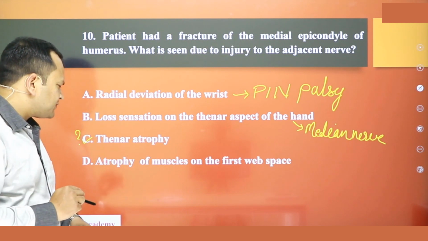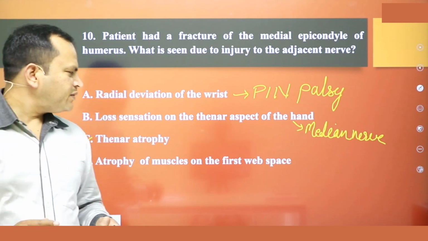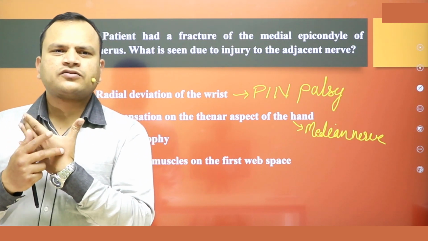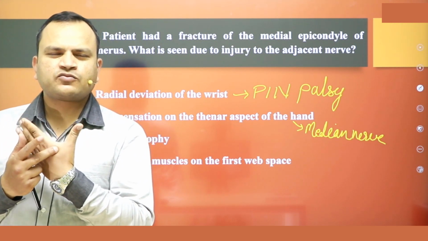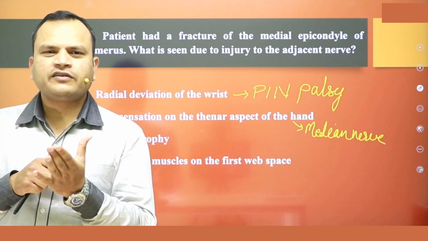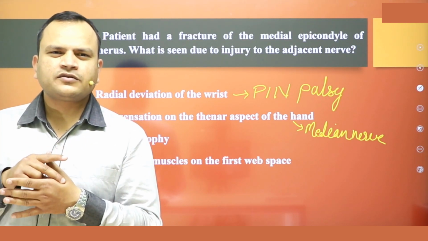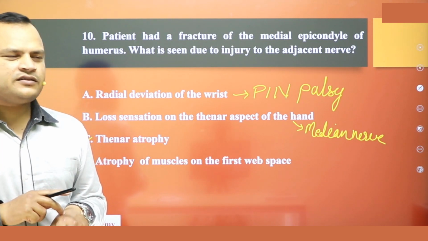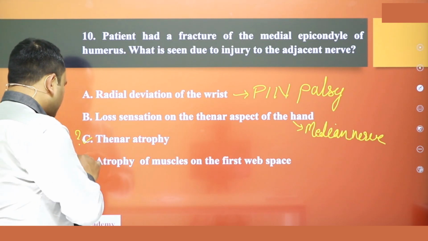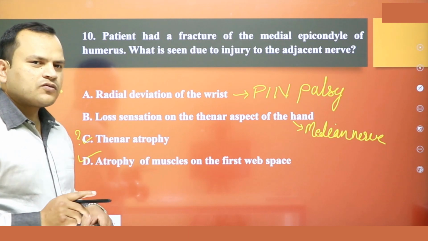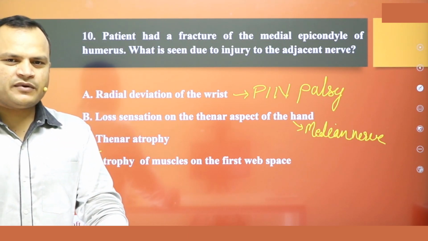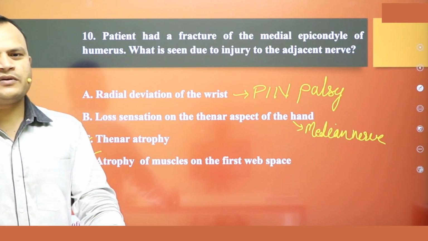So let us see this, and then comes the atrophy of the muscles of the first web space. If you see, this is the first web space, the dorsal interossei are most prominent over here, and also the adductor pollicis. All these form the first web space. So if there is ulnar nerve injury, this is going to be atrophied. So the atrophy of the muscles of the first web space is the most appropriate answer.